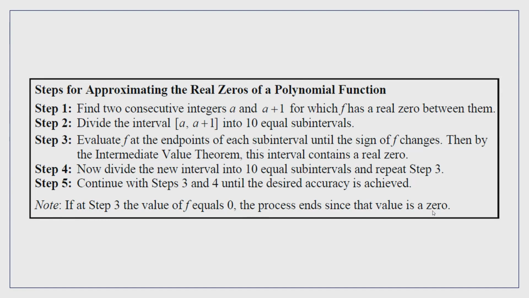And then step 4, now divide the new interval into 10 equal subintervals and repeat step 3. Step 5, continue with steps 3 and 4 until the desired accuracy is achieved. Note, if at step 3 the value of f equals 0, the process ends since that value is a 0.